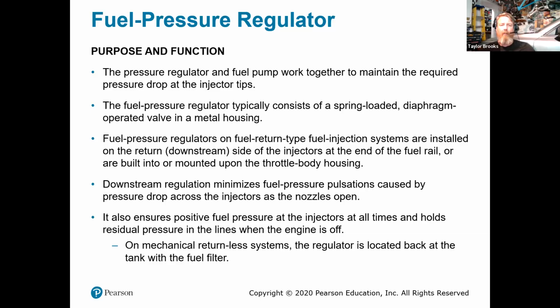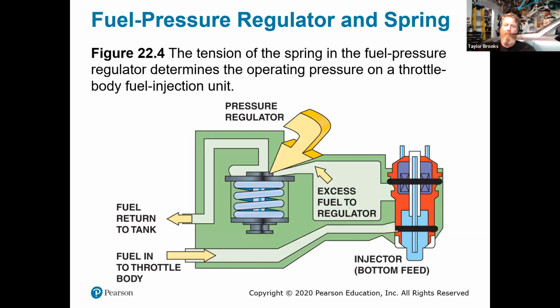Now, the fuel pressure regulator can be located in a couple different areas of the fuel system and be a couple different type designs. For the most part, it's going to have a spring that is going to block off fuel going back to the tank or fuel going to the fuel rail.